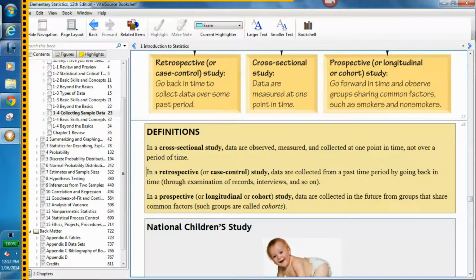They get in the DeLorean and they just go back in time. Not really. Just looking at information from the past. What does retro mean, though? Past. So it's kind of easy to remember. A retrospective study, something from the past. A prospective study, data are collected in the future from groups that share common factors.